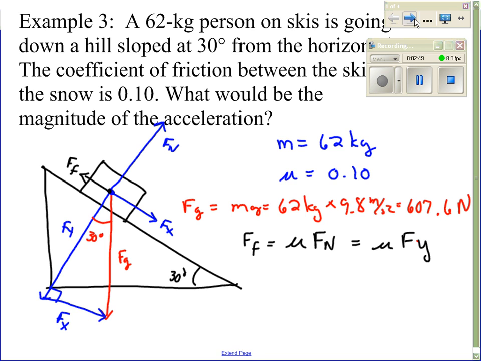So, let me get rid of that guy. Now, to find Fx, the sine of theta will equal your Fx over the weight, Fg. This will always be true for inclined planes.